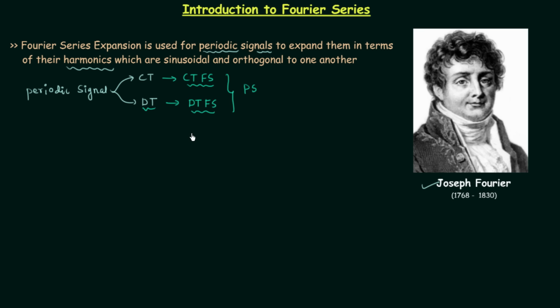The first one is continuous time non-periodic signals, and for this we have the tool known as continuous time Fourier transform. In the same way, we have discrete time Fourier transform, and they are for non-periodic signals. So I hope you now understand what is the difference between Fourier series and Fourier transform, and why we have continuous time Fourier series, discrete time Fourier series, continuous time Fourier transform, and discrete time Fourier transform.